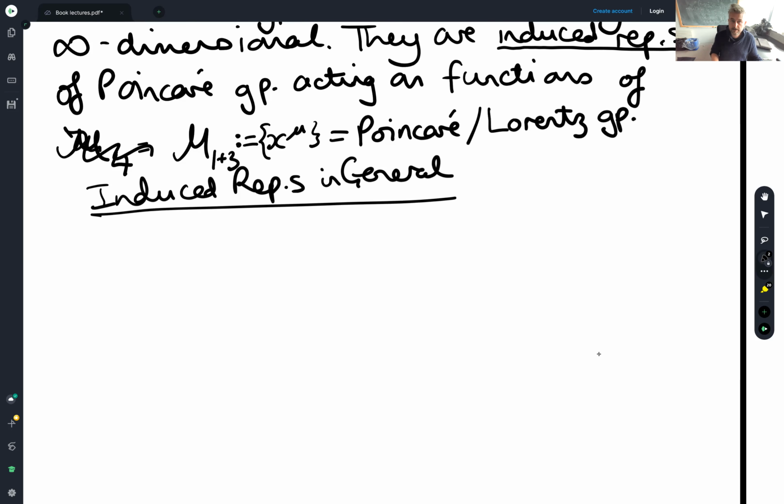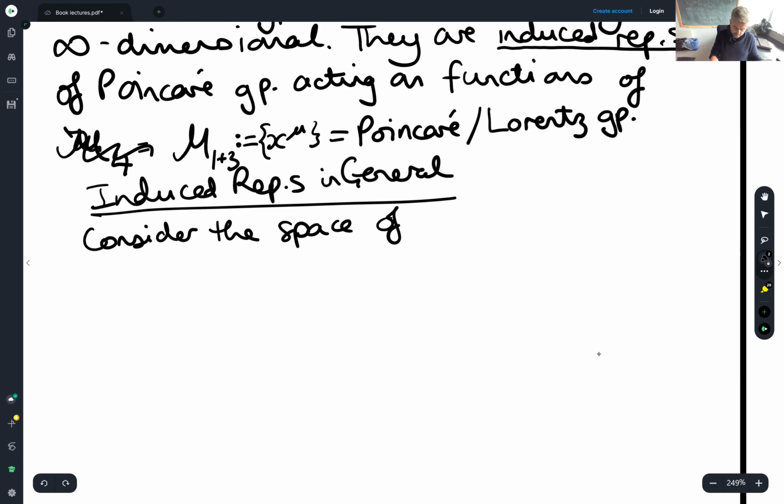Consider the space of scalar functions, let's call it phi of x, where x are now some coordinates on the group manifold.